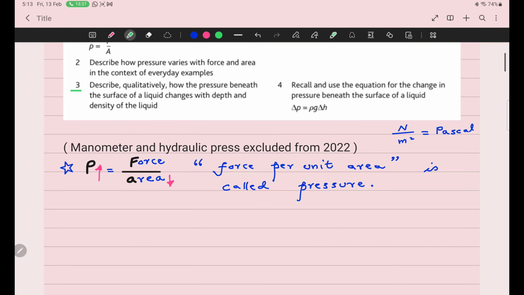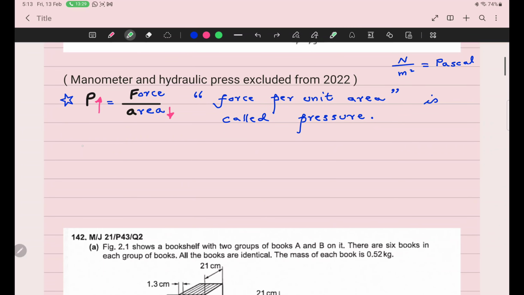And now I am starting the third topic. So what is the third topic? Consider this is a container, and this container is filled with a liquid. Consider it is filled with water.